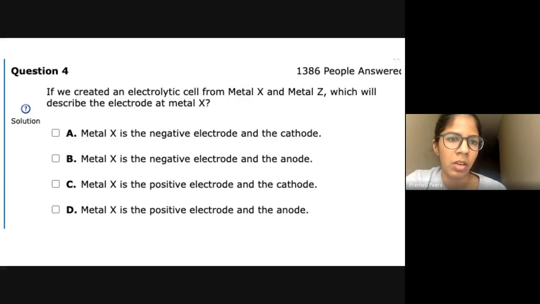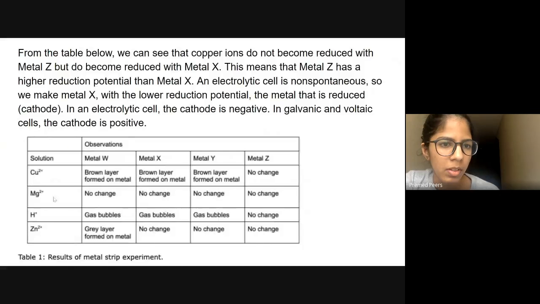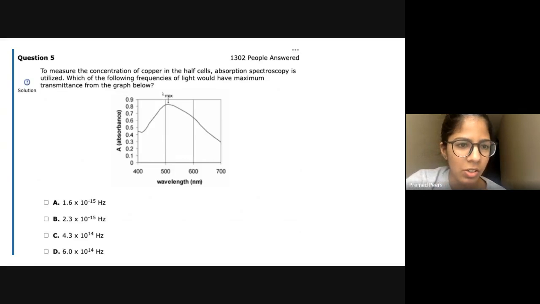Right, and then if we create an electrolytic cell from metal X and metal Z, which describes the electrode at metal X? We have A from both of you, and that was correct. Daniel, can you go back one slide?